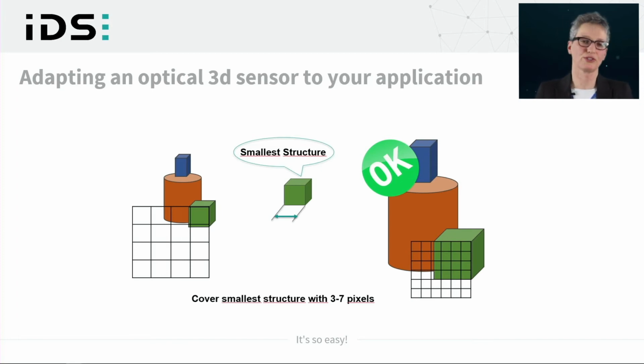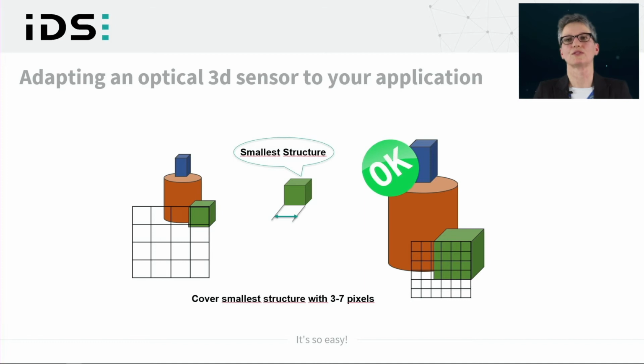So before you use your points in the point cloud for doing some measurements, you have to use a noise filter. And if a part of the object is only covered by one single point, this point is likely to be killed by the noise filtering. Everything that should survive the noise filter should contain more points than only one.